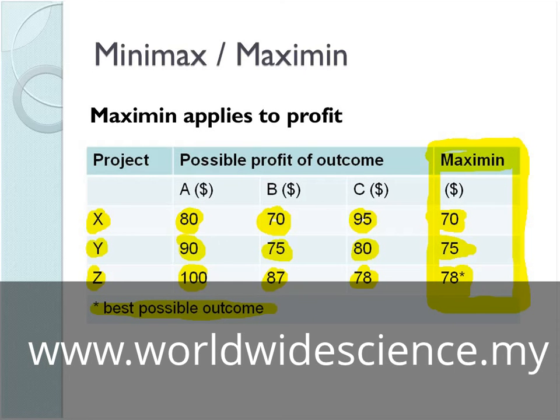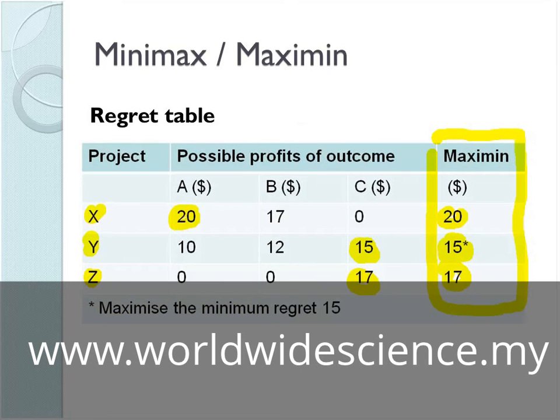There we first select the lowest profit, then we select the highest one. In this regret table, we go a different way, the opposite way. We select the highest profit from the project, we put it in the maximum box, and then we have to select the lowest profit from those three kinds of projects.